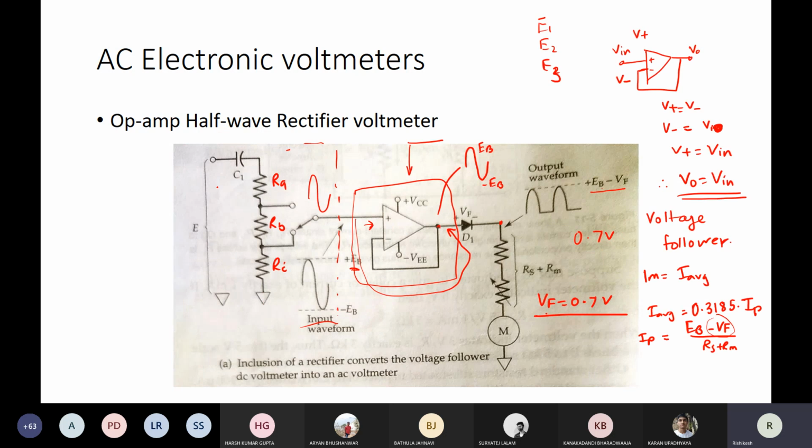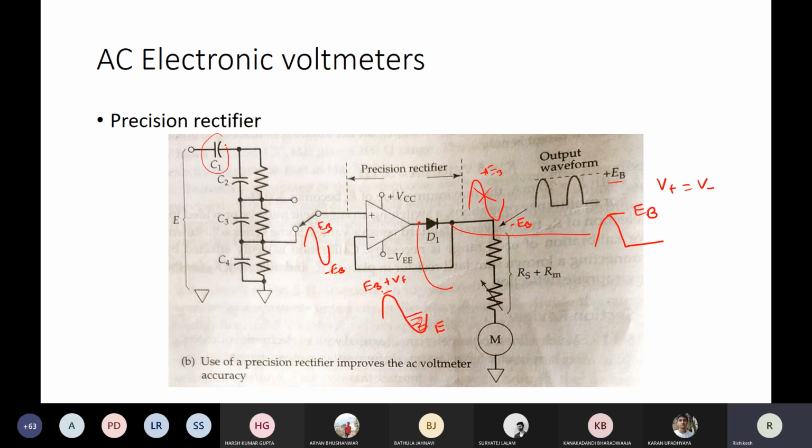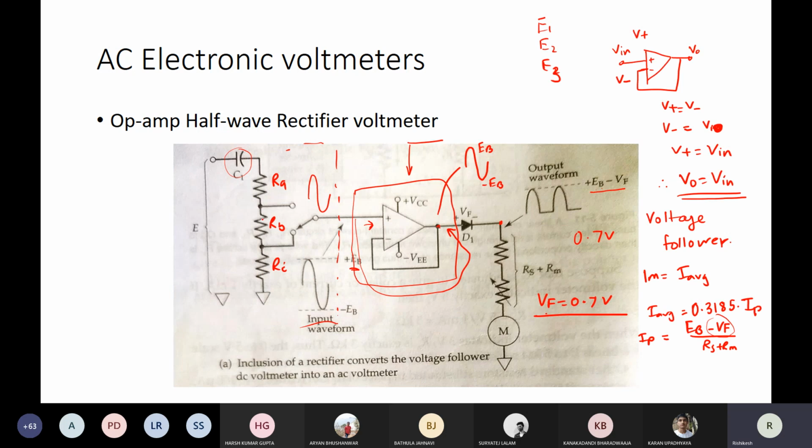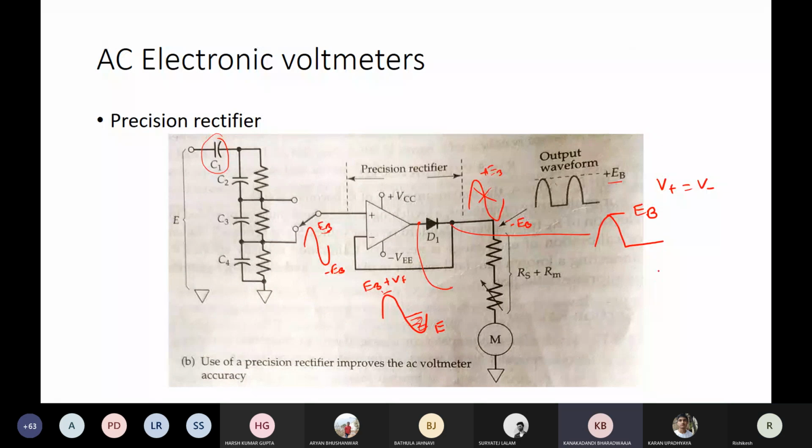Now in both the circuits we had this input capacitance C1 which is connected. Why is it connected? Can someone tell? What is the purpose? Maybe it is a high pass filter.